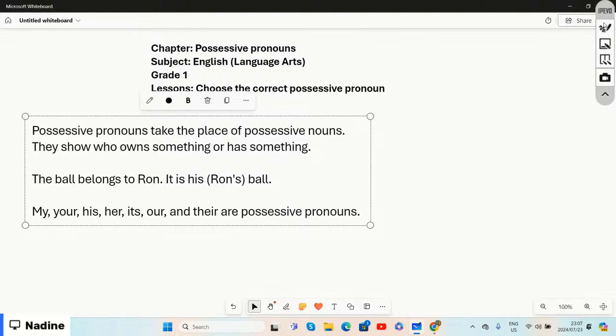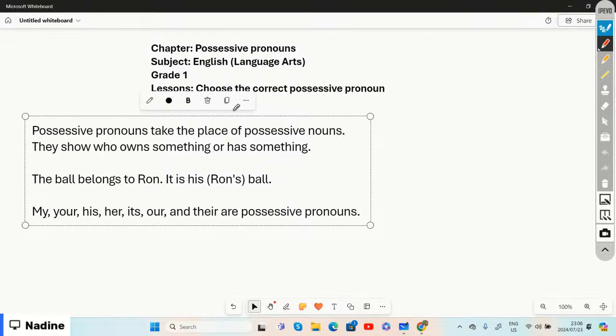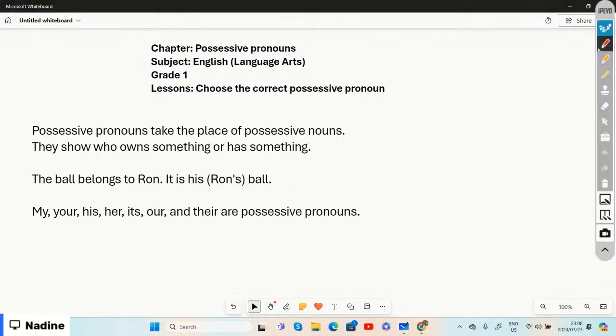So when it comes to possessive pronouns, we can say that a possessive pronoun takes the place of a possessive noun. We said that a pronoun takes the place of a noun, but now we can say that a possessive pronoun takes the place of a possessive noun.